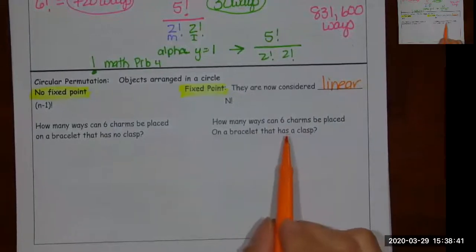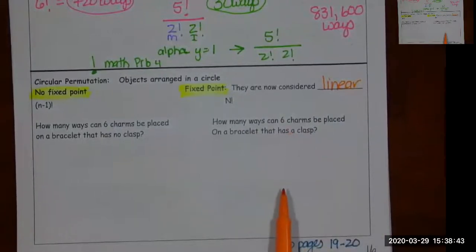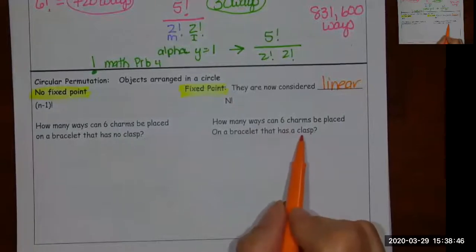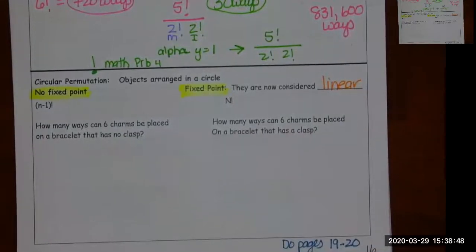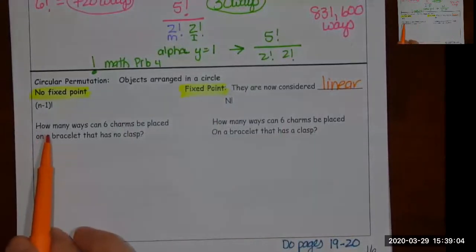An example that you guys could think about would be a charm bracelet. If it has a clasp, meaning my bracelet is a circle, and then I can open it up, then it has a fixed point, right? That's going to be a little bit different than if it doesn't have a fixed point.